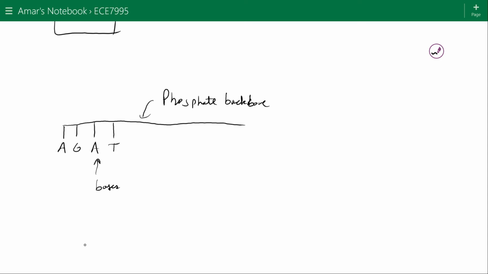There are 4 bases, which are labeled A, G, C, and T. There are 4 different small molecules that attach to the phosphate backbone of the DNA molecule. The phosphate backbone, by the way, is negatively charged. That's what makes the DNA molecule electrophorese. This sequence of bases is your genetic code.